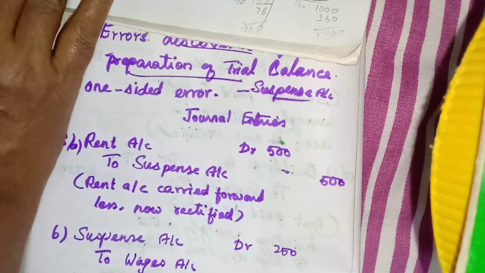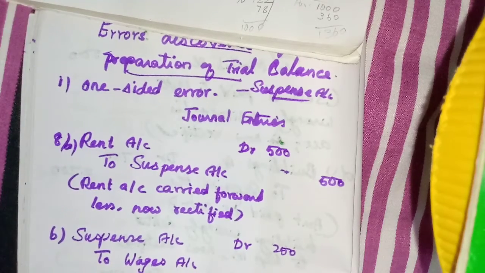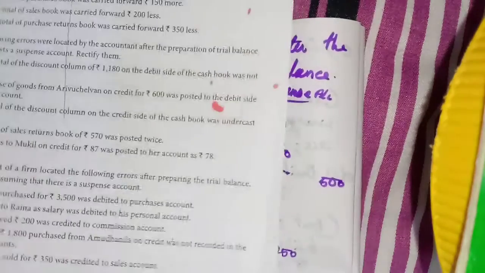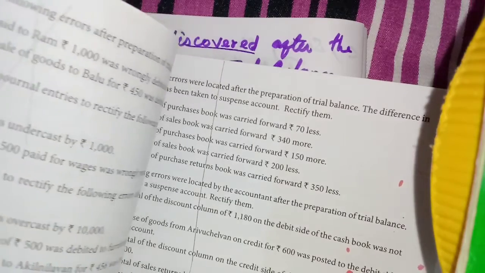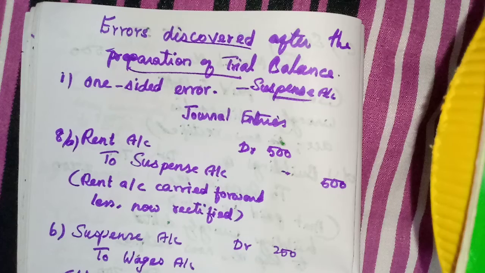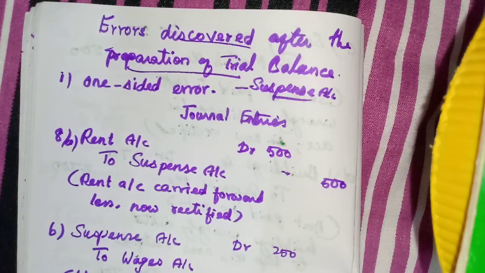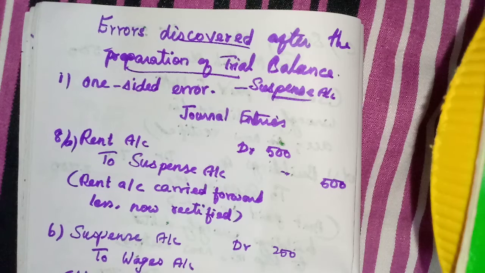Only 2. Okay, now we will do 9, the same way. Give journal entries, I will read out. You listen. Give journal entries to rectify the following errors discovered after the preparation of trial balance. Purchases book was overcast by rupees 10,000. Purchases book shows debit balance. Then overcast, arrow mark up, increase more. So what should we do? We should credit, the opposite we have to do.